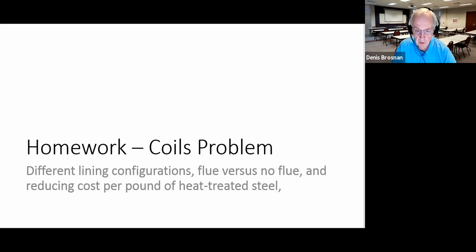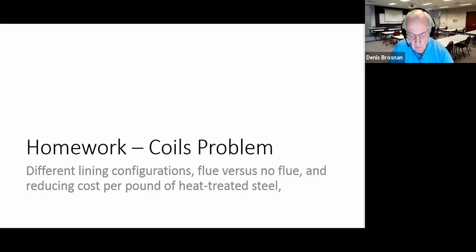Of course, what I meant to say is we're going to work these problems with E-solutions. And so let's take a look at some of the different things we can find with different lining configurations, with flues versus no flues in the furnace, and see ultimately where we can reduce the cost per pound of the heat treated steel.